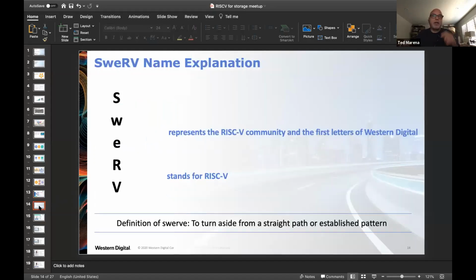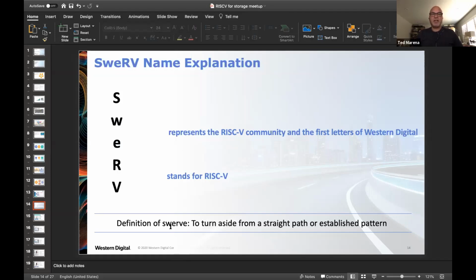I'm going to continue on here. I put this slide in because a lot of times people ask, what's the deal with SWeRV? Basically, to explain this, swerve itself, the definition actually has an E on the end, to turn aside from a straight path or established pattern. That's kind of what we did with RISC-V. We were using architectures that had been in the market for quite a while, and we decided to go a different way.